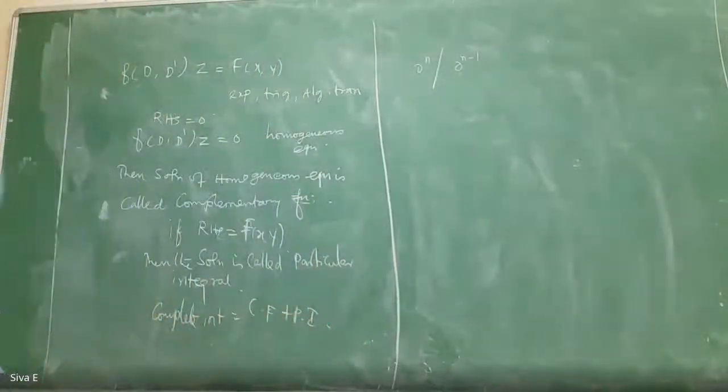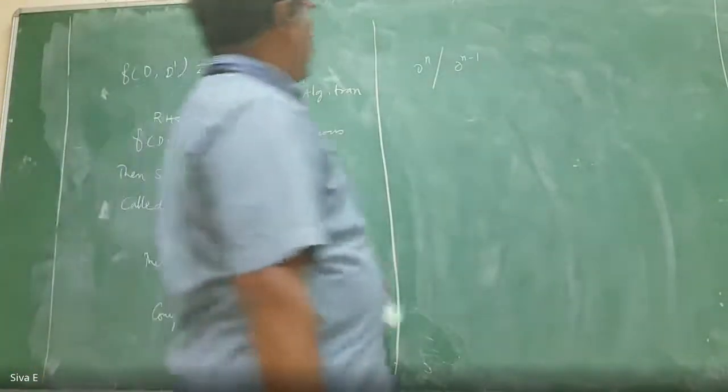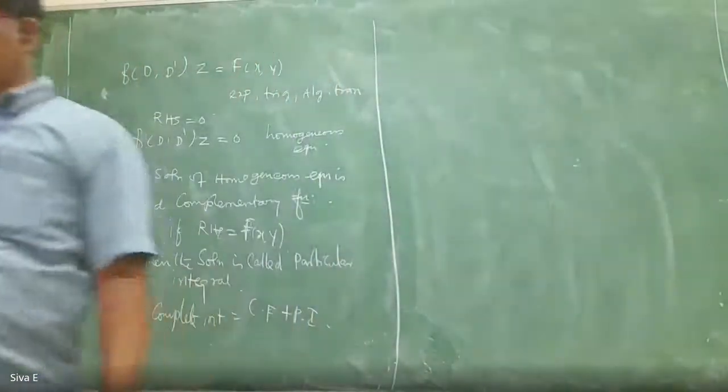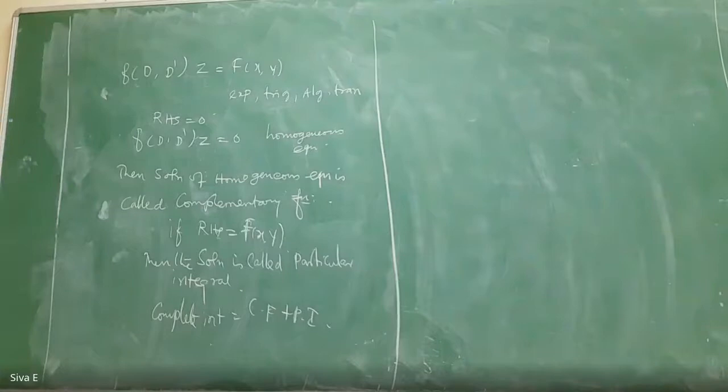Okay, so now we will discuss one by one how to find the complementary function and how to find the particular integral for this. First, the partial differential equation can be converted into an ordinary differential equation. Then we have to find the complementary function.